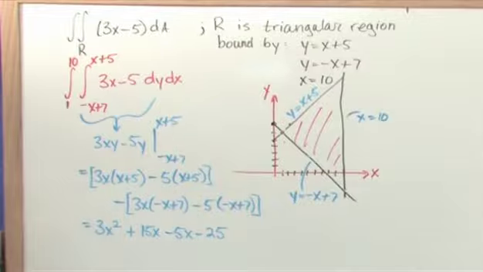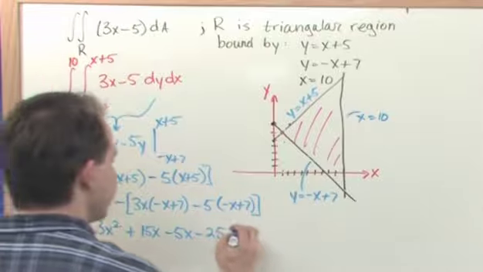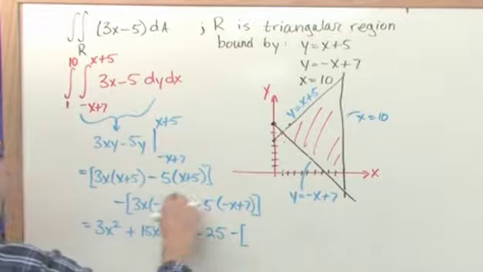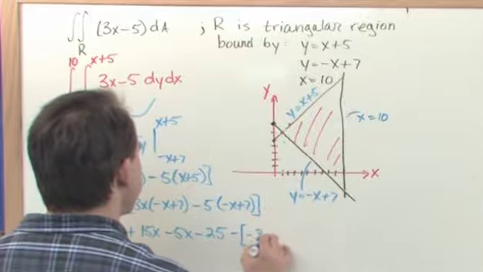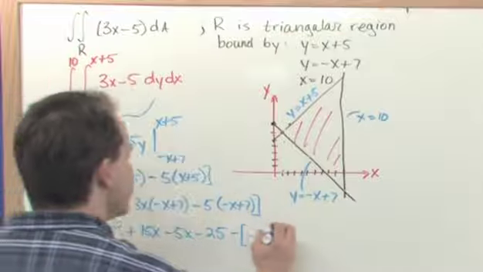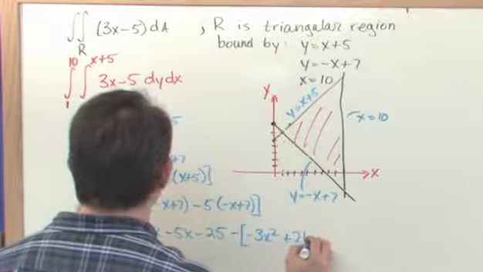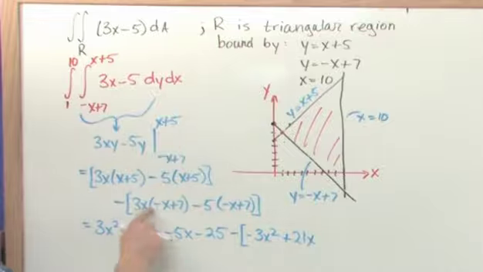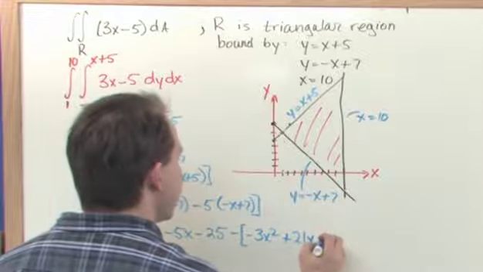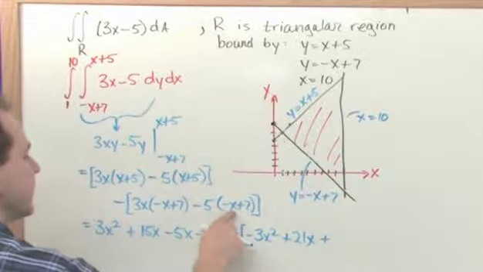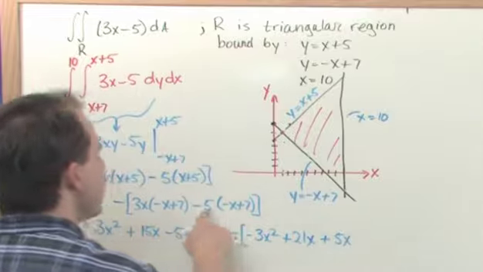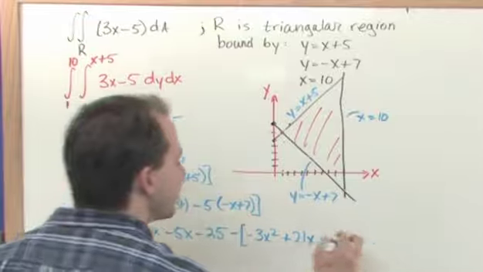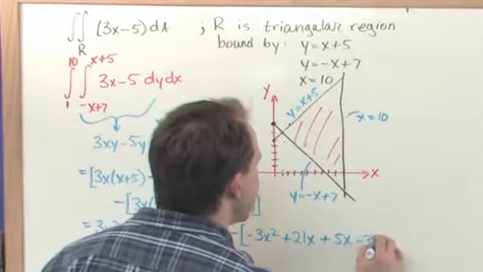Then continuing on down here, I'm going to keep things very explicit because I don't want to make a sign error, so I'm going to keep everything in a bracket here. 3x times negative x gives me negative 3x squared. 3x times 7 gives me plus 21x right here, and then over here I'm going to have plus negative 5 times negative x gives me positive 5x, and then negative 7 times 5 is negative 35.